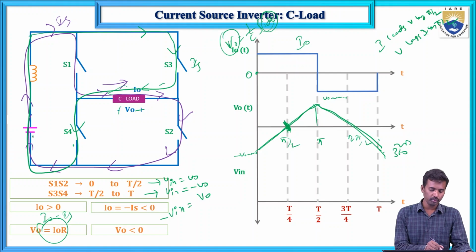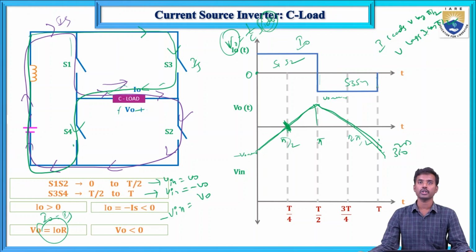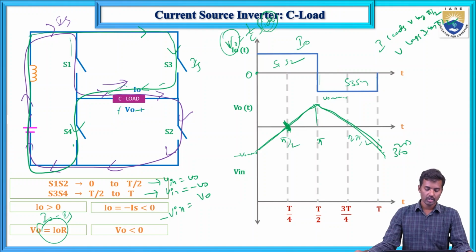So in case of 0 to T by 2, S1 and S2 will conduct, and next S3 and S4 will conduct in the negative half cycle, from T by 2 to T. This current is positive, in the same direction, and this current is opposite to the source current direction. So V input equals minus V naught.